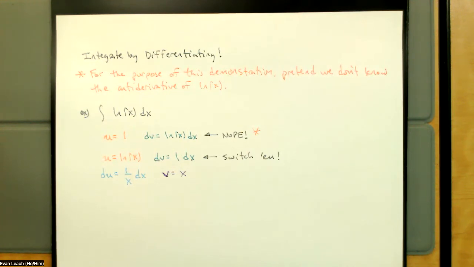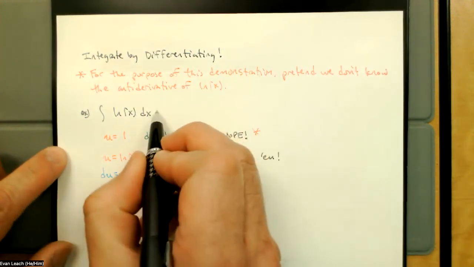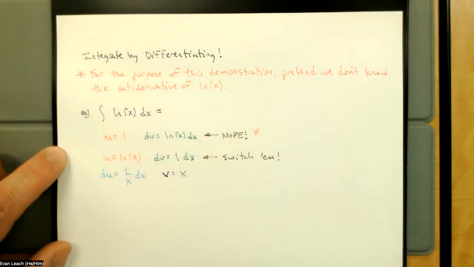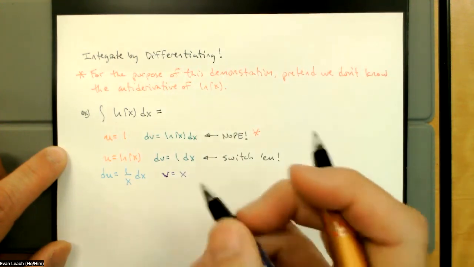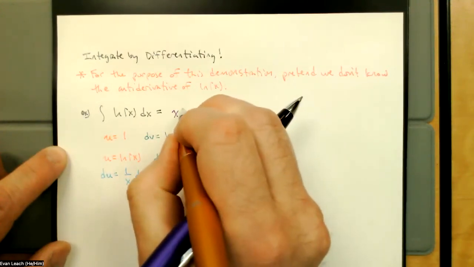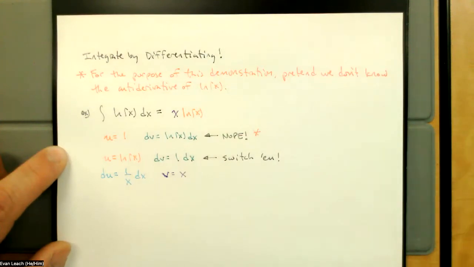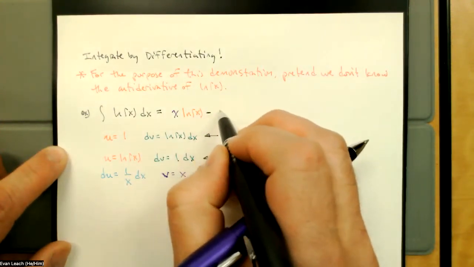Now that we have the 4 parts, we put them together in the parts formula: the integral of natural log of x, the integral of u dv, is uv minus the integral of v times du.